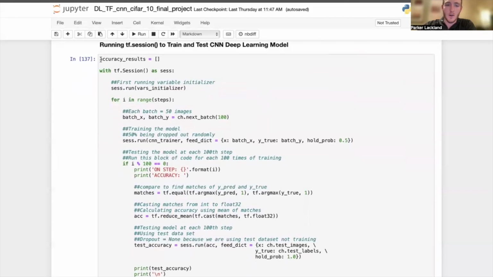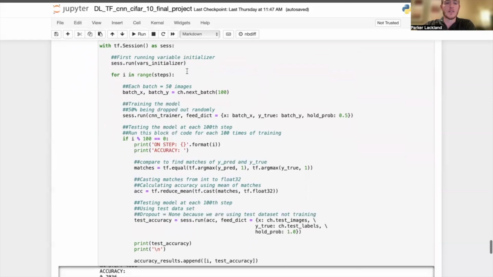First of all, we store these accuracy results in an array. There's a blank array to start with. We run this TensorFlow session with a batch size of 100, as we spoke of before. There's 100 images in each of these training sets, and the batch size is looped through throughout training.